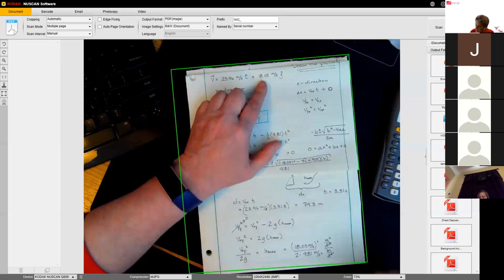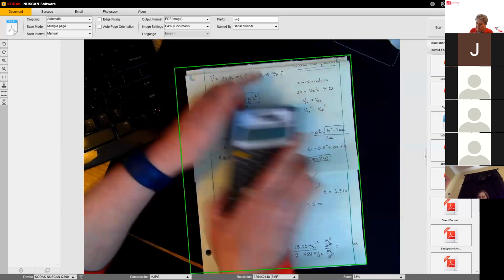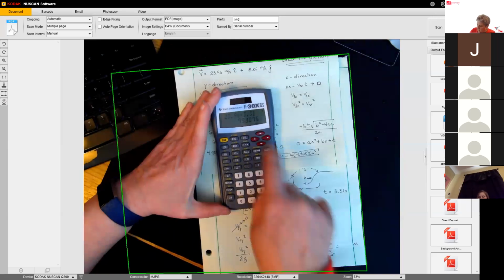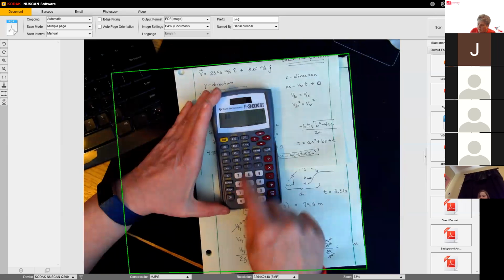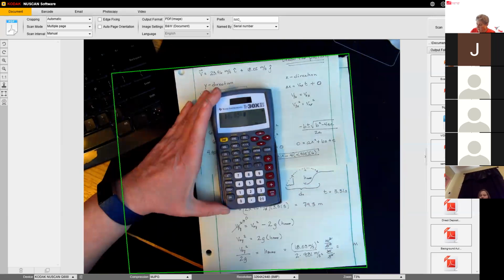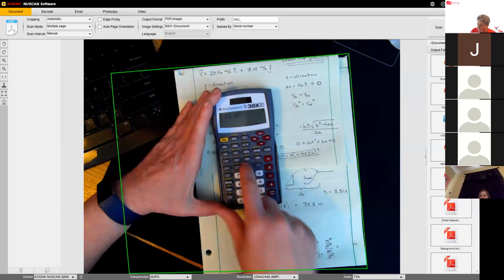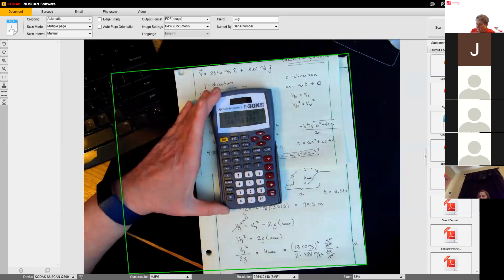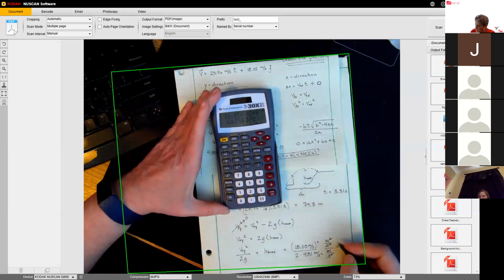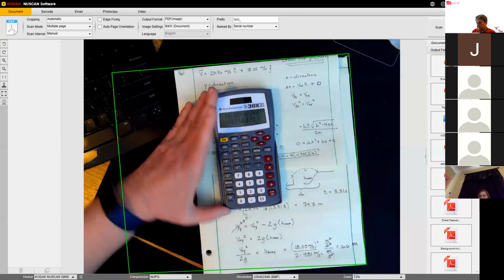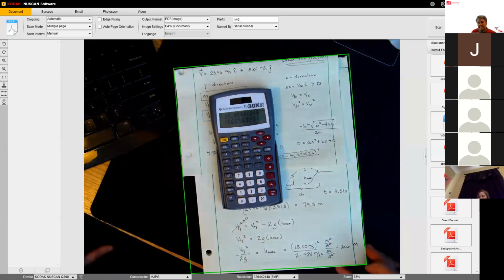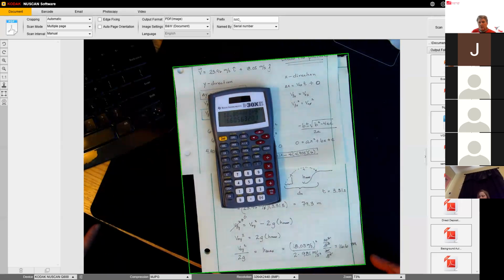Second squares cancel, one of the meters cancels, and I end up in meters, which is exactly what I want to be in. So if I do that, I'm going to take my 18.05, square it, divided by 2 times 9.81, and I put in my parentheses. And this says the maximum height was 16.6 meters above the horizontal.